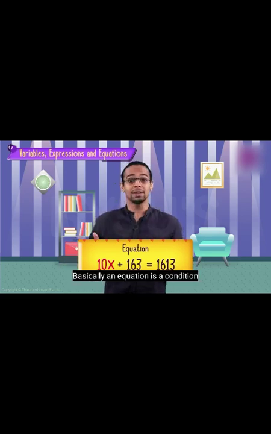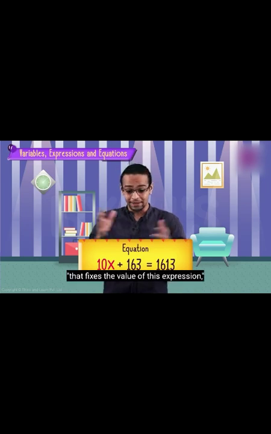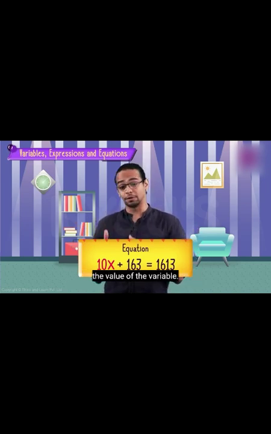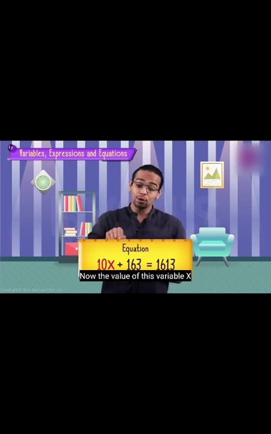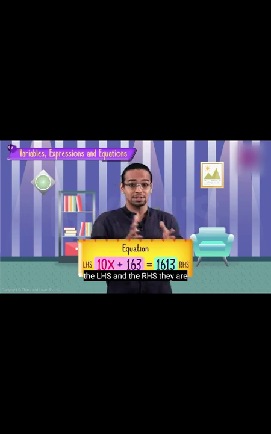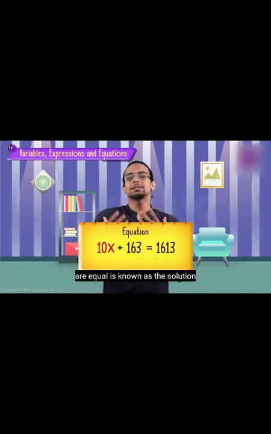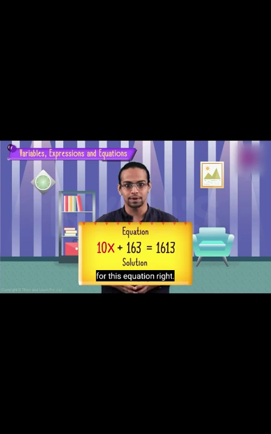Basically, an equation is a condition on the variable that fixes the value of the variable. Now, the value of this variable x, for which both sides of this equation, the LHS and the RHS, the left hand side and the right hand side are equal, is known as the solution for this equation, right?